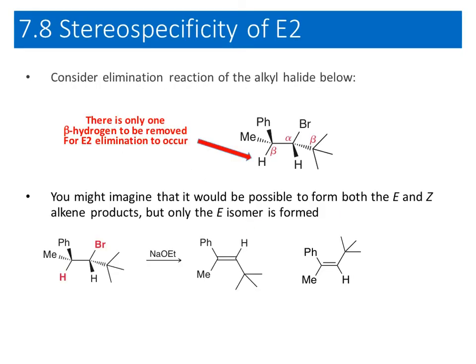In the previous example, the beta position had two protons. In such cases, when free rotation is possible about the single bond, cis and trans isomers can be produced, with the trans isomer being more favored because it's more stable. Now, what if we only have one beta hydrogen? So in this case, we need to look at the stereospecificity for E2 mechanism.